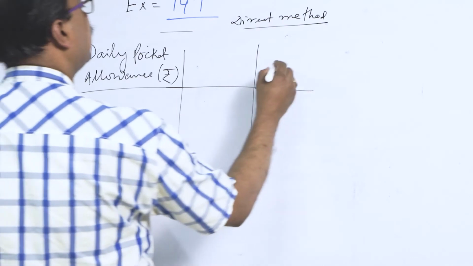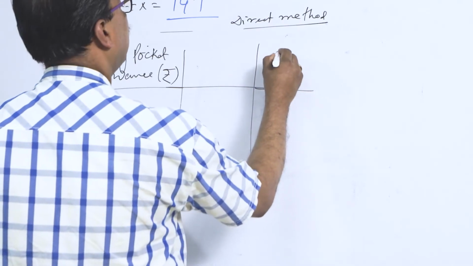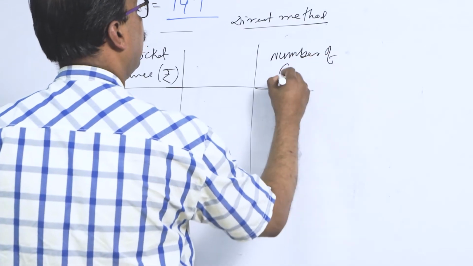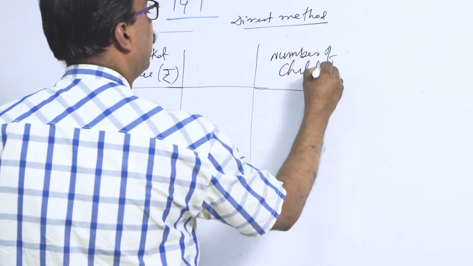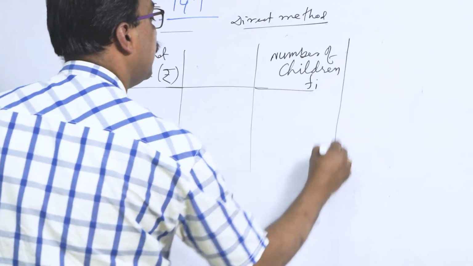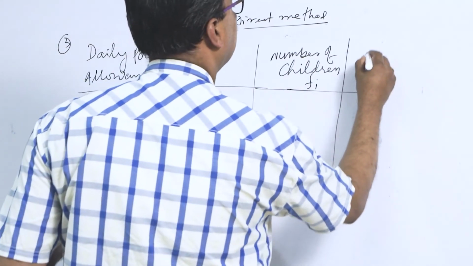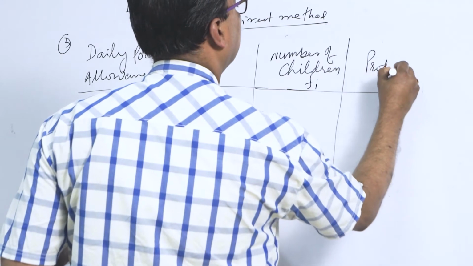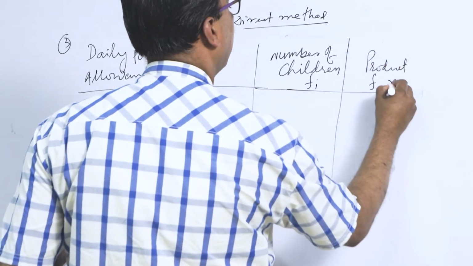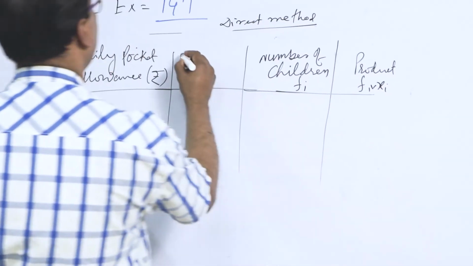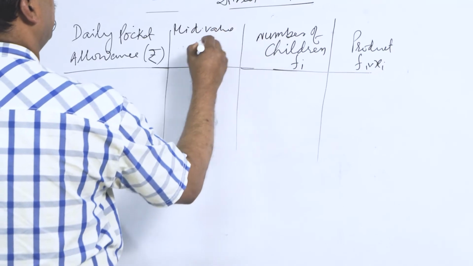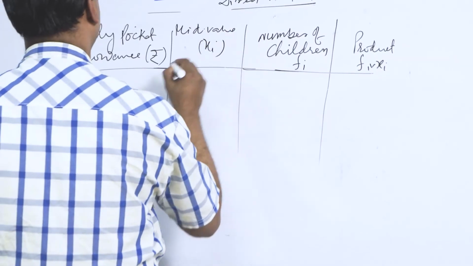Okay? So after that you can write here number of children, that is Fi, frequencies. Then we have to go for product. This product is Fi into Xi. This is Xi, mid value or class mark, you can say. Clear?